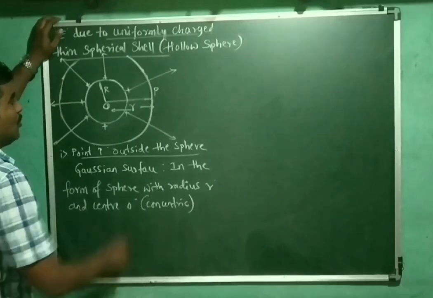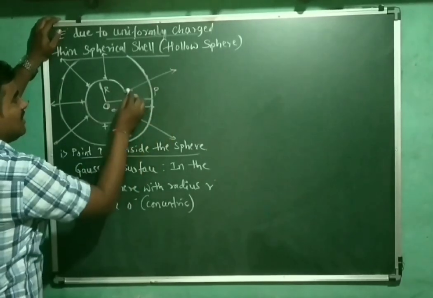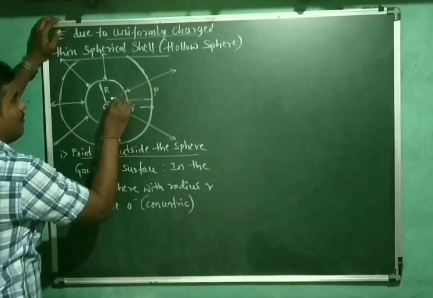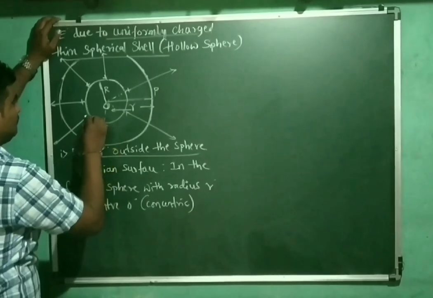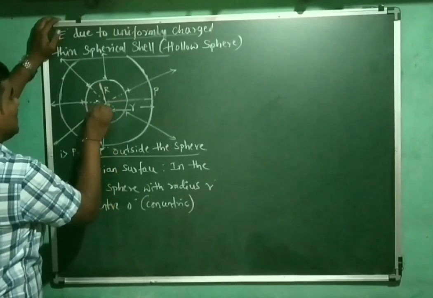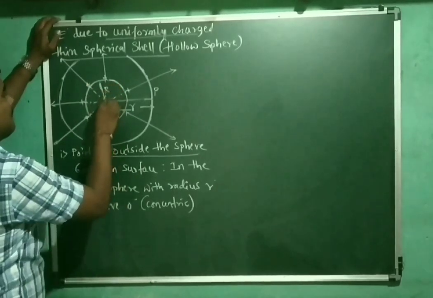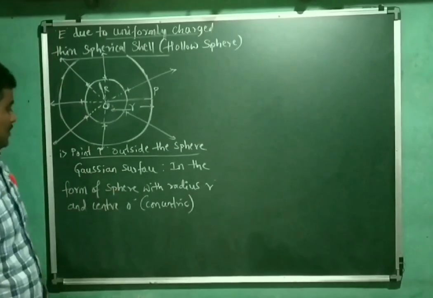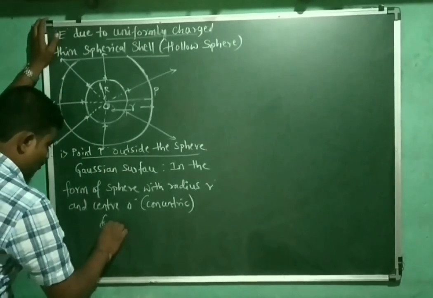As you can observe, all these field lines in the radially outward direction appear to be coming from a single charge located at the center.